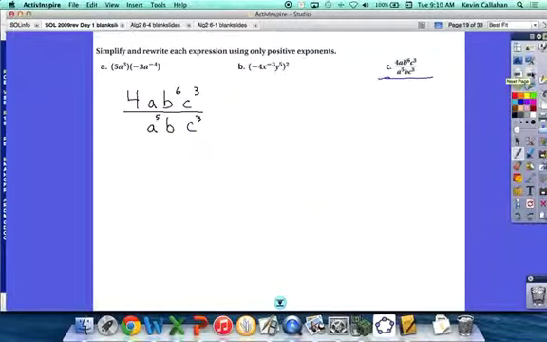And finally, this has got a coefficient of 1, and there's a 4 in the numerator, so 4 over 1, 4. That's not going to simplify at all. Okay, we've got a to the 1st over a to the 5th.